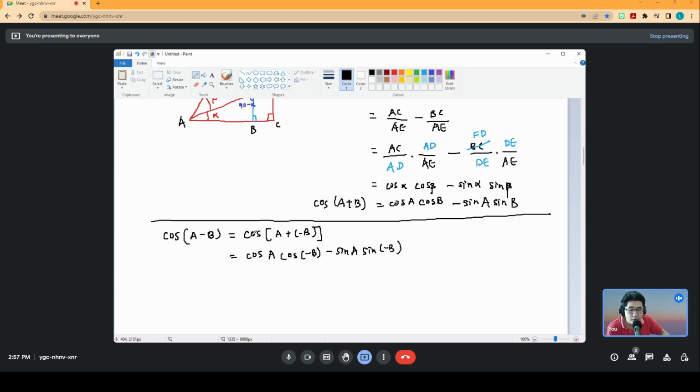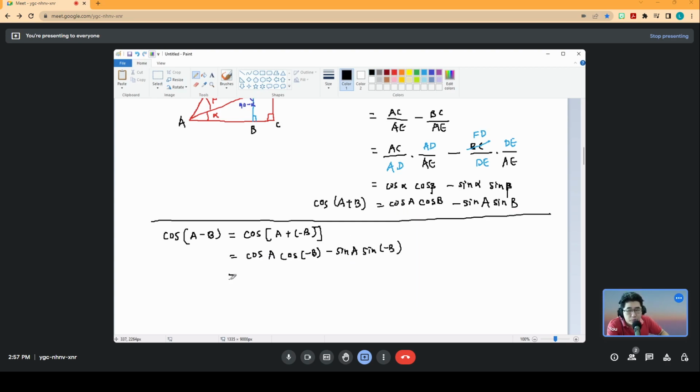Why is it like that? Because I read it as a form of the rule above: cos A plus B. Therefore, I will have cos A cos B minus sine A sine B, which is following the form.